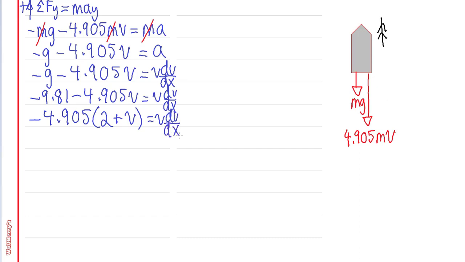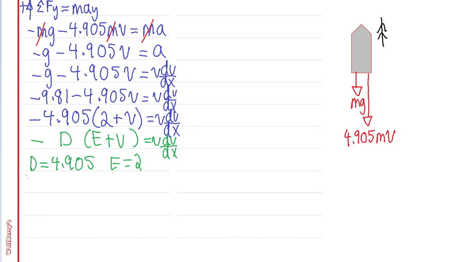Now we can compare it to the equation that's given in the question. The question says minus d, open bracket, e plus v, close bracket, equals v dv over dx. So we can clearly see that d is equal to 4.905 and e is equal to 2. Those are the two constants that we're asked to find.